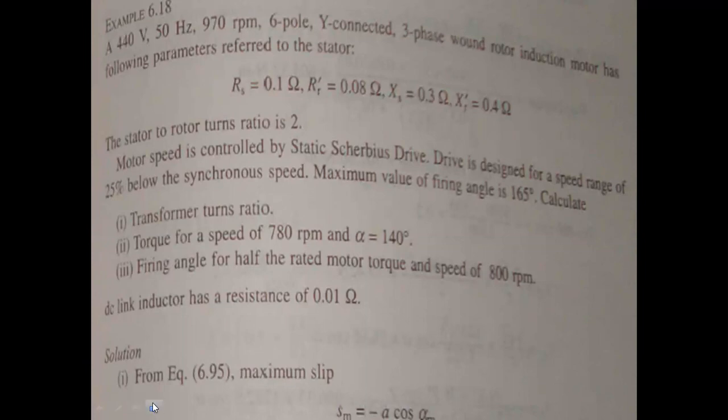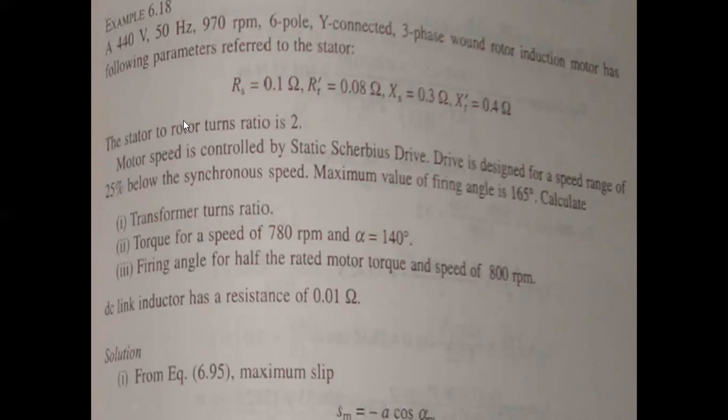So see the parameters once: 440 volts, 50 Hz, 970 RPM, 6-pole, star connected, 3-phase wound rotor induction motor. It has the following parameters referred to the stator: RS is equal to 0.1, RR dash is equal to 0.08 ohms, XS is equal to 0.3 and XR dash is equal to 0.4 ohms.